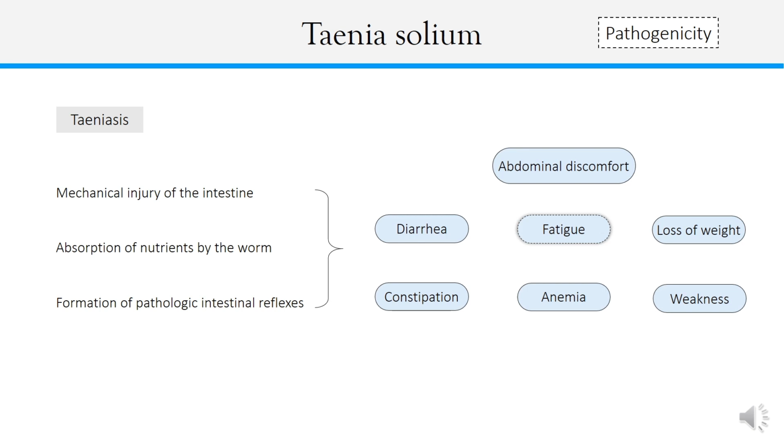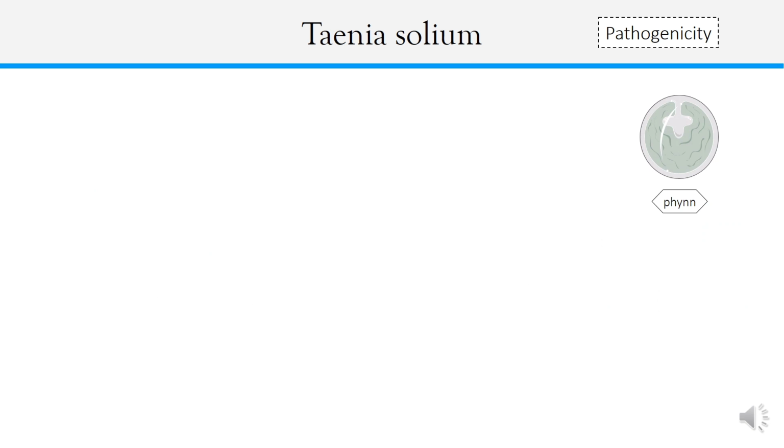fatigue. And now let's speak about another scenario, when problems inside of the human body are created by the fin of Taenia solium. When the main pathogenic element is the fin, the disease is called cysticercosis. So what are the pathogenic elements of cysticercosis?